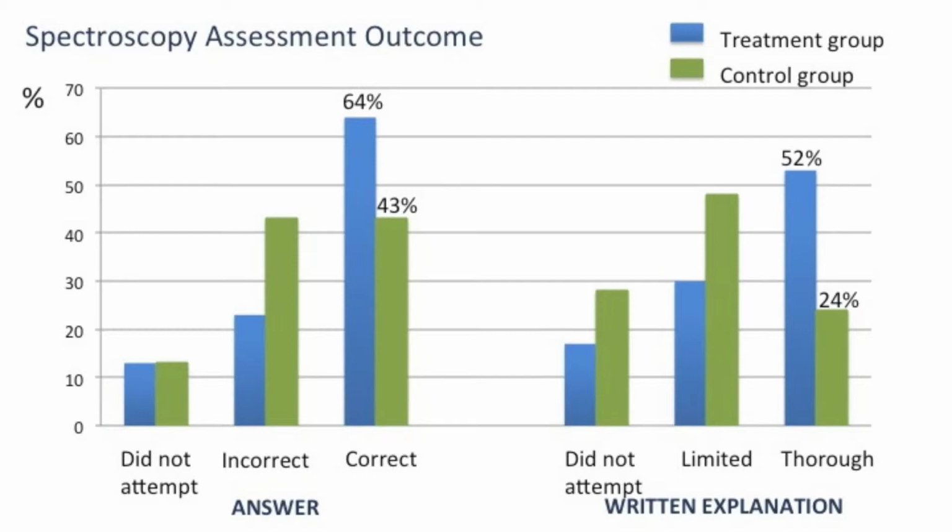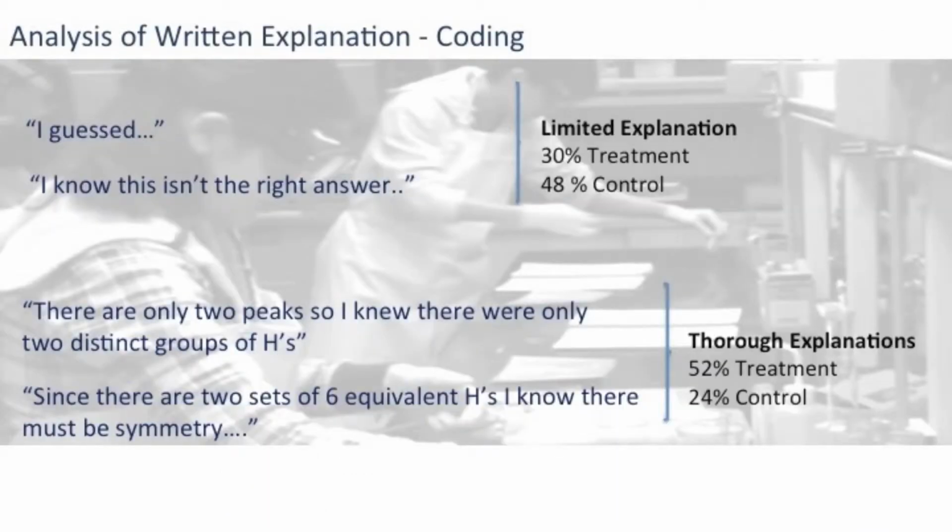I'm going to explain how we coded that explanation, because that was kind of interesting to us. We decided not to just look at non-answers versus answers. We felt that there was a middle ground where some students were providing what we called a limited explanation. An example would be, "I know this isn't the right answer."